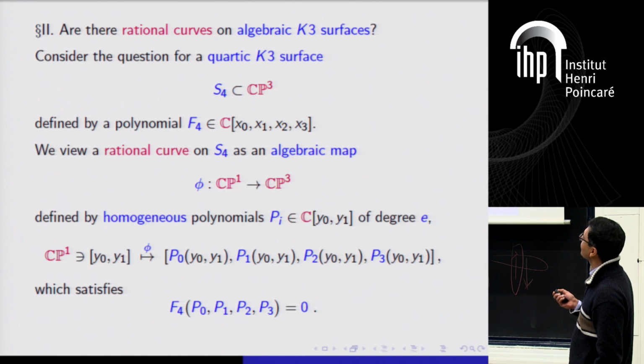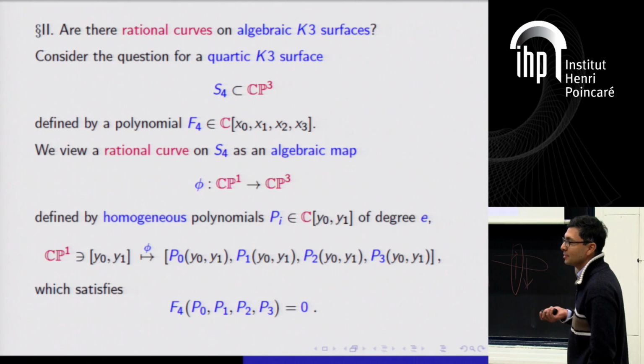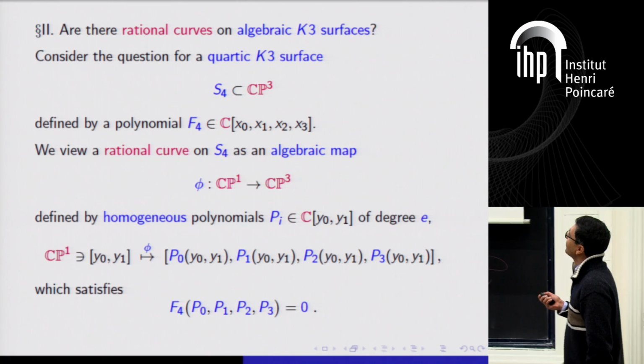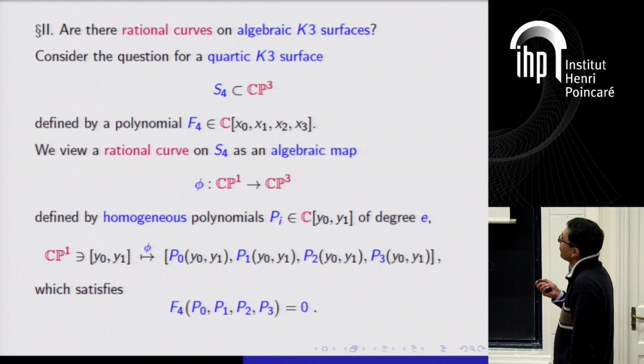And how do I know whether this rational curve sits on this quartic K3? Well, I just feed these polynomials to this equation, and I should get 0, because every point on this curve should satisfy this equation. So it's a very elementary thing. If I state it this way, it's a problem that's stated in a completely elementary way. I have this equation, I have this degree, and I can ask whether I can find these polynomials that satisfy this. And this is a linear algebra problem.